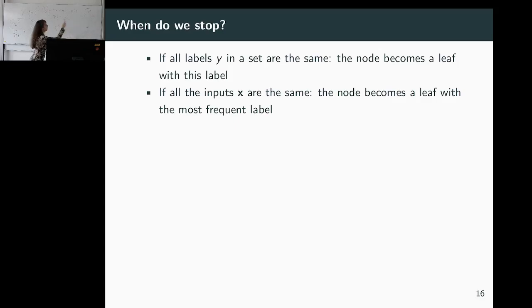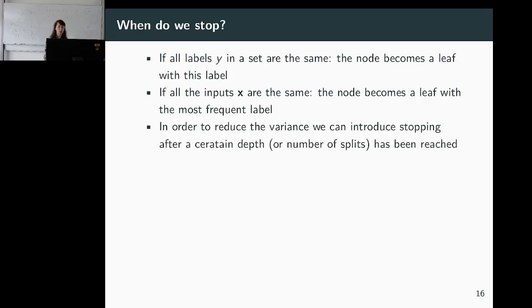So these are the 2 most straightforward stops. And there is this third, which you can control. You remember we were talking about variance and bias, depth, and so on.